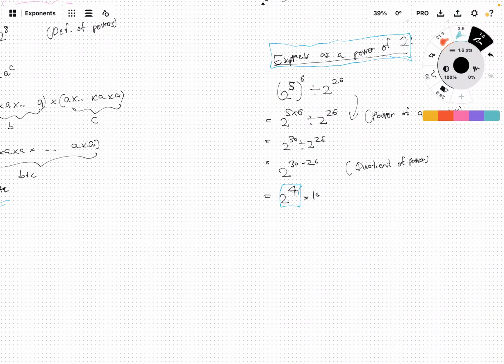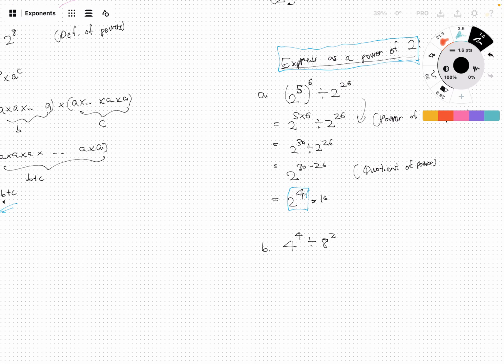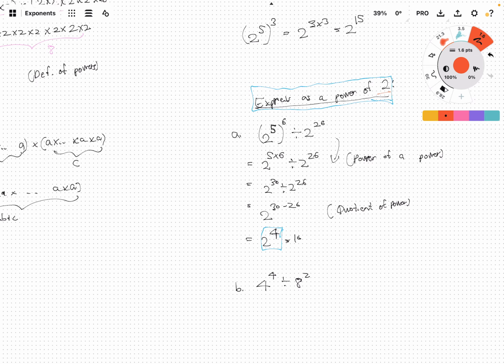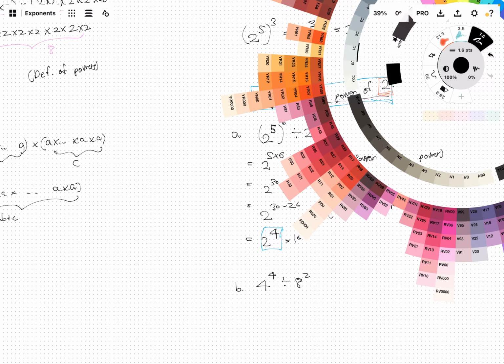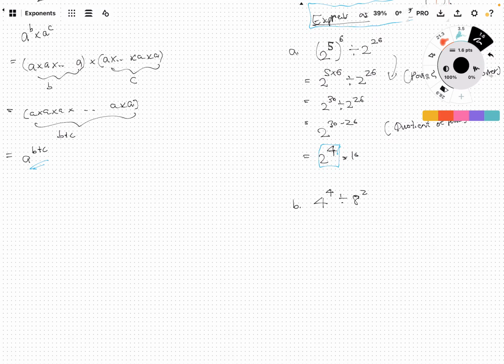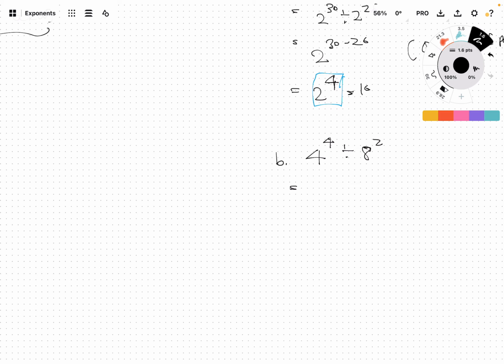And finally, the last one would be, and the question still as a power of 2. So it seems a bit weird because we don't have a power of like 2 as the base anywhere. And the trick is this, to notice something, that 2 squared is 4 and 2 cubed is 8. And look at that, it's 2 squared to the power of 4 divided by 2 cubed squared.